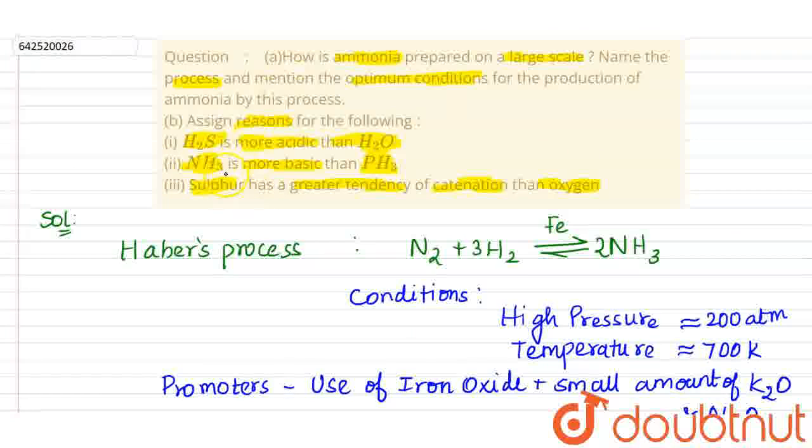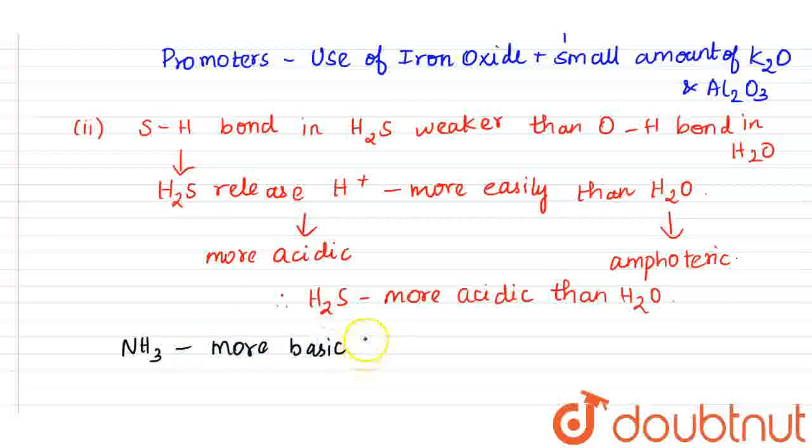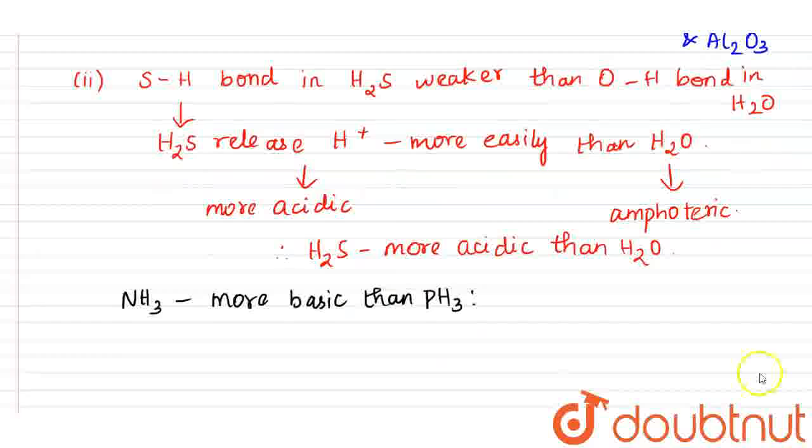Let us discuss the second one, that is, ammonia is more basic than phosphine. The reason why ammonia is more basic is that nitrogen is smaller in size than phosphorus.